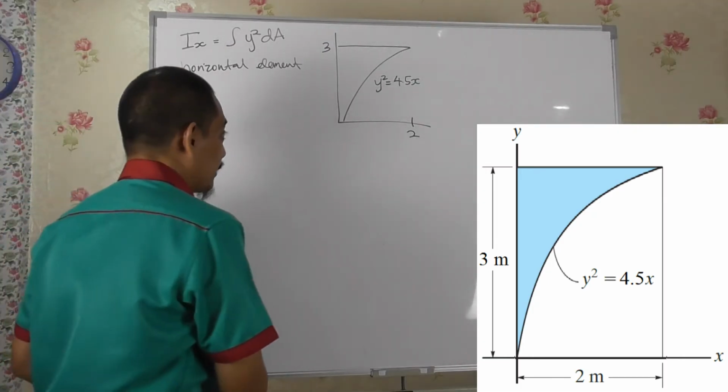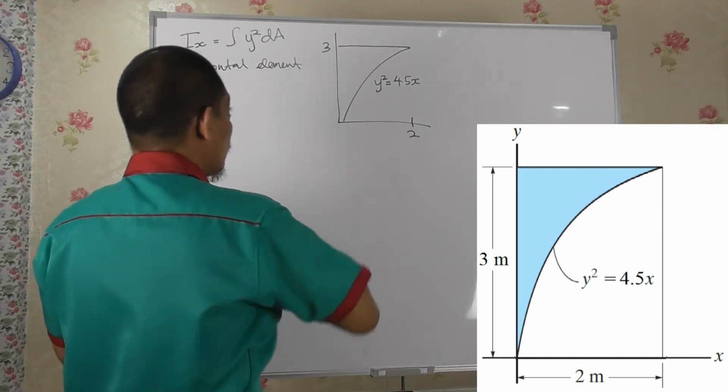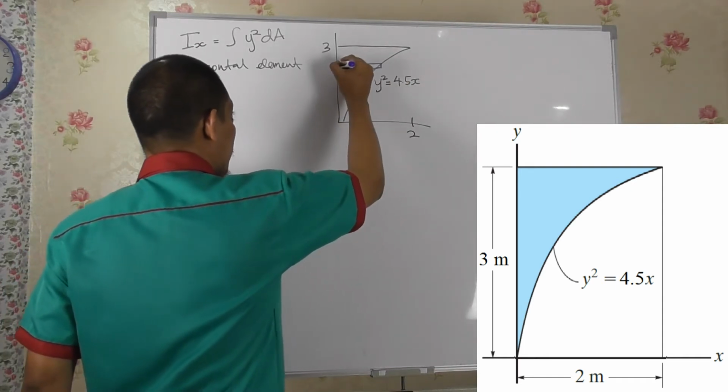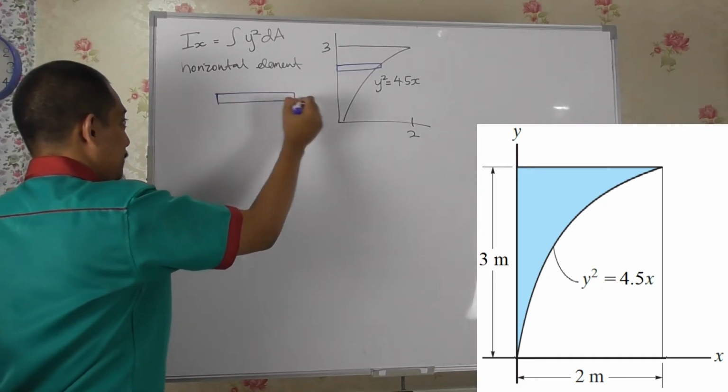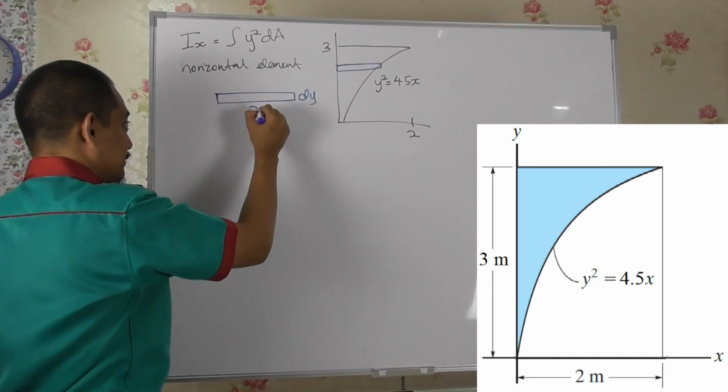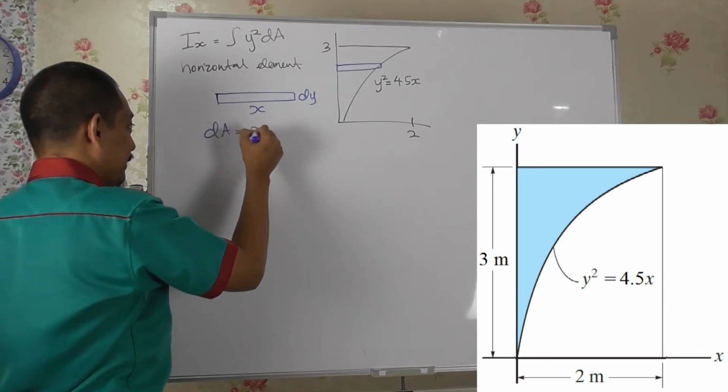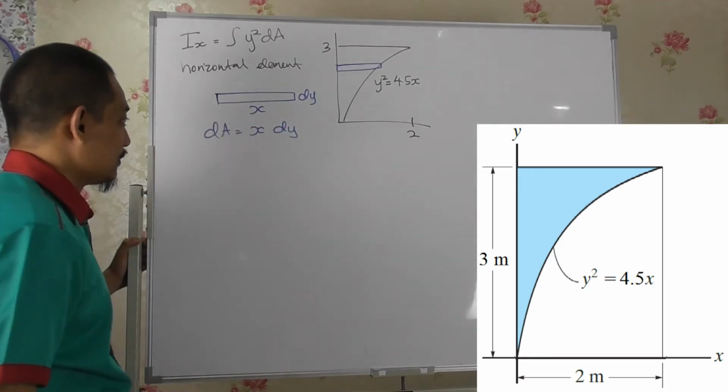And then your element will be something like this. With that element, this will be dy, this will be x. So dA will be x dy. So we need x.